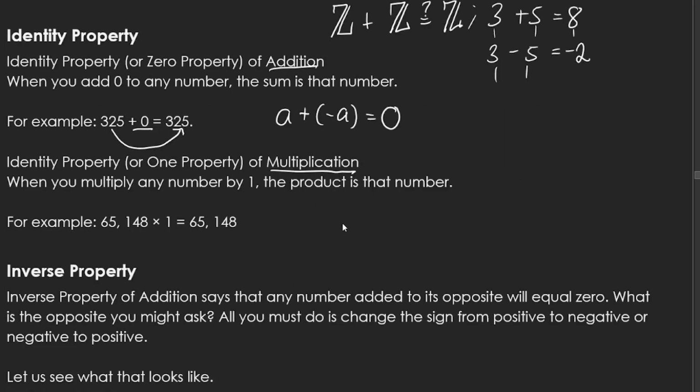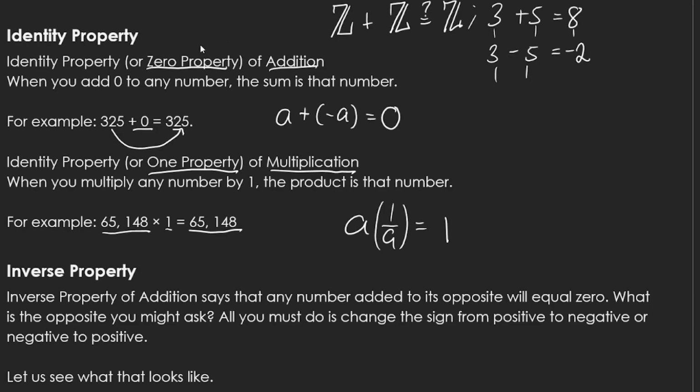For multiplication, to find the identity, you get any number, multiply its multiplicative inverse, and you would get 1. This is why it's called the 1 property, and for addition, it's 0 property. So if you multiply a number with 1, it should also give you that number.